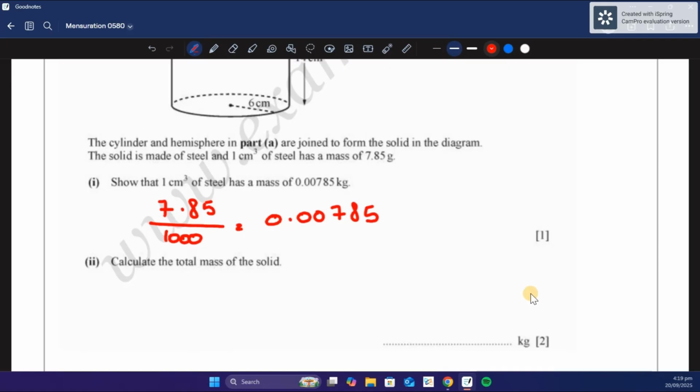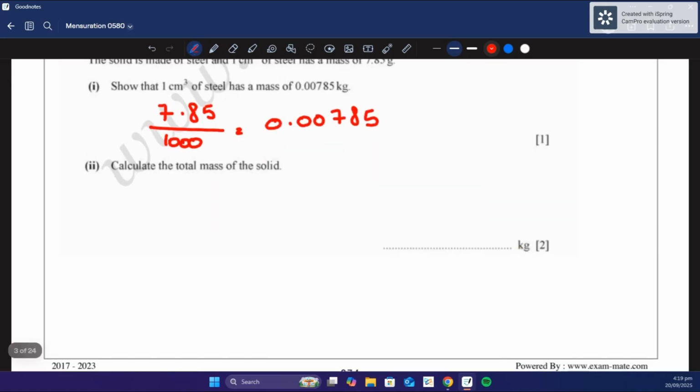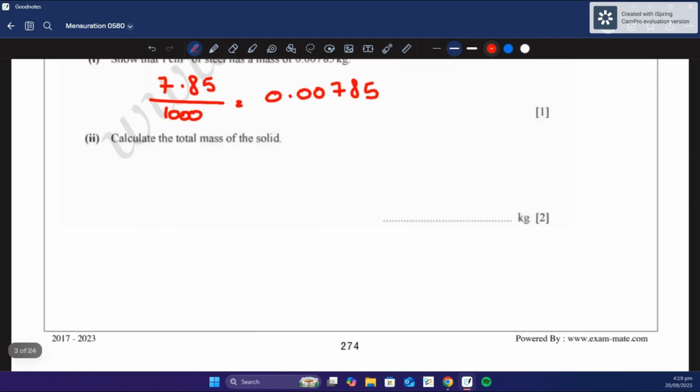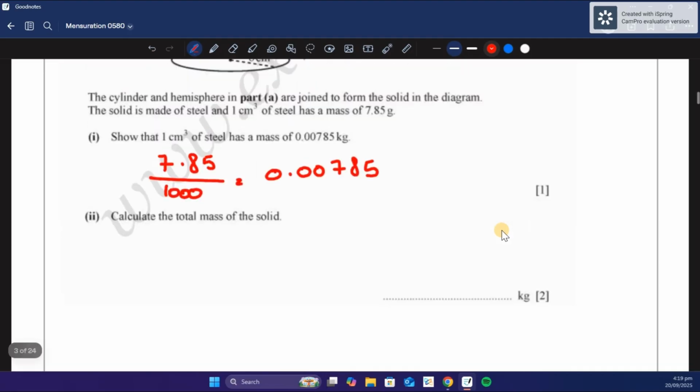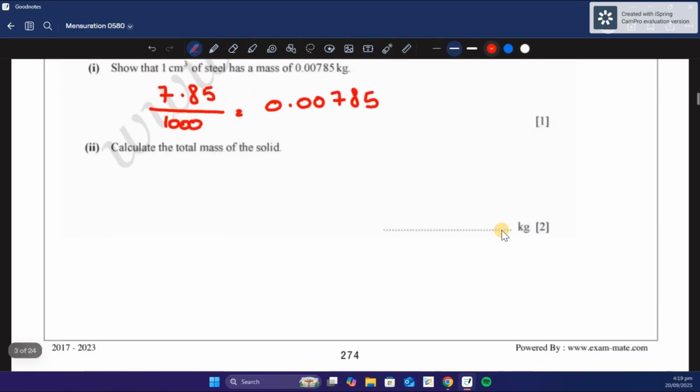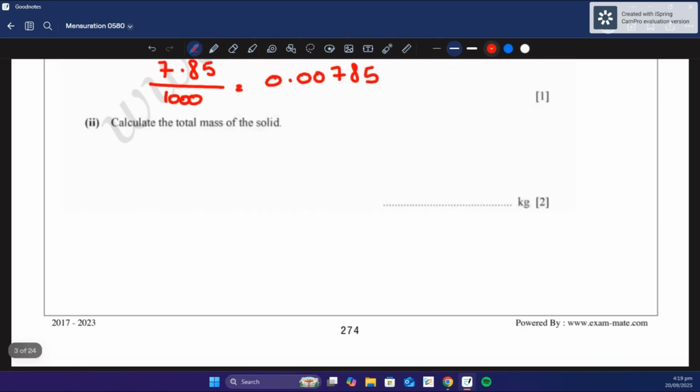Alright, moving on to part B, part 2. Calculate the total mass of the solid. Okay, we need to figure out how much the solid actually weighs.